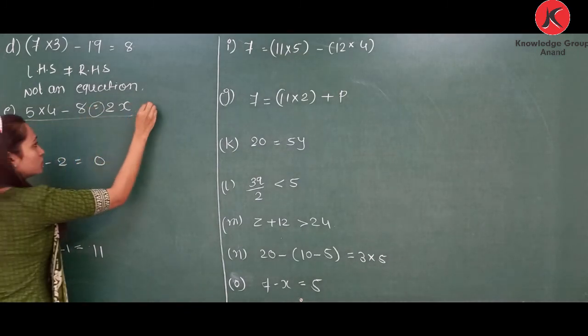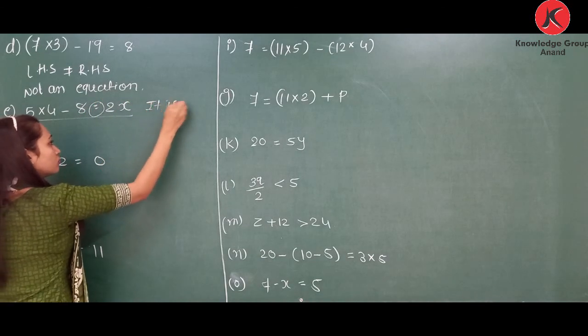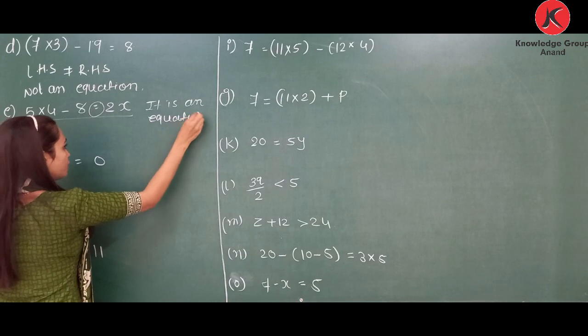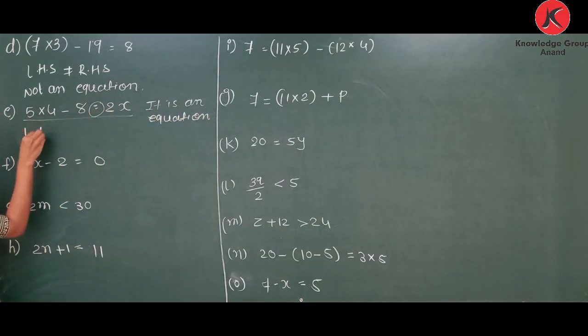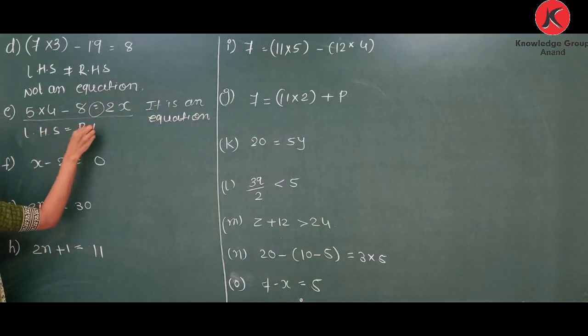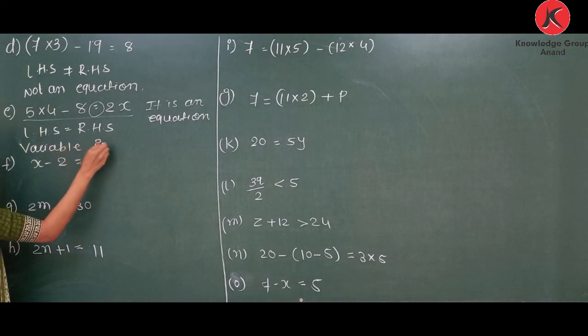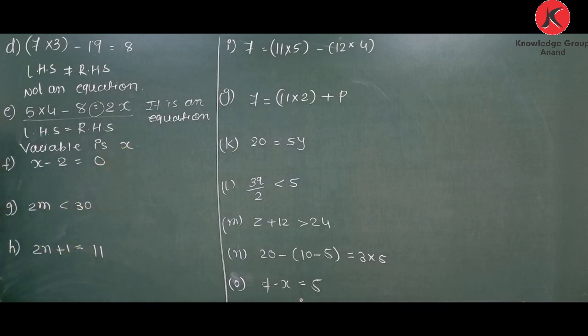So it is an equation. Reason: left hand side is equal to right hand side. Variable can be on the right hand side, then it is also an equation. And what is the variable? Variable is x.